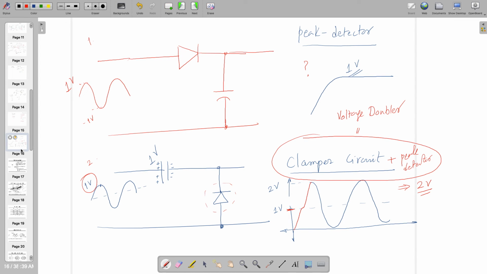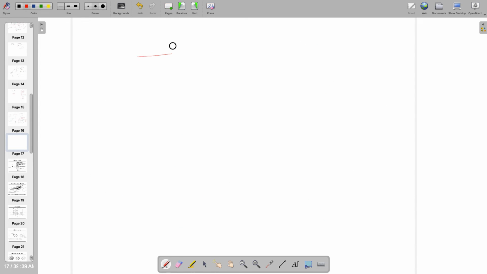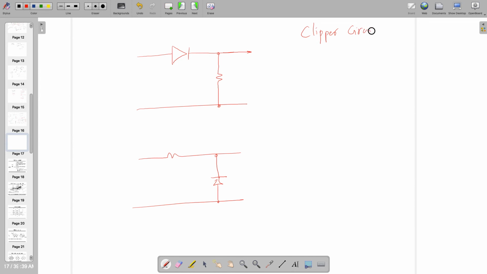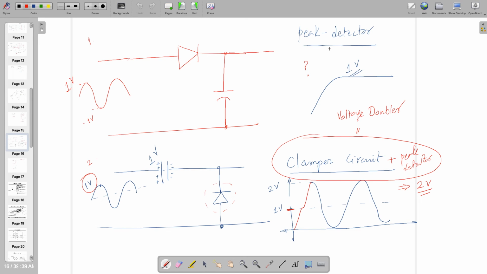So you can use that. Such circuits are known as clipper circuits. So majorly the rectifier, detector, clamper, clipper, and then you just have to go through that circuit once.